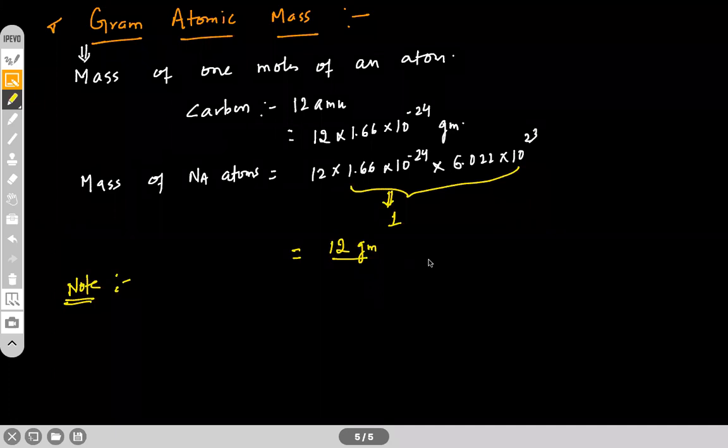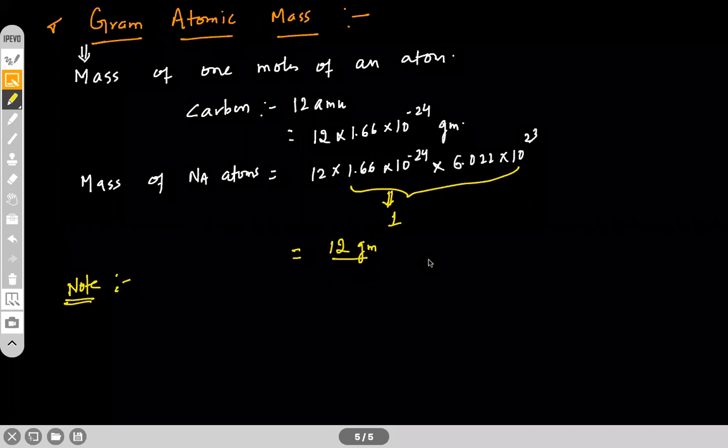What is that number? That number is the Avogadro number. Write down: it consists of an equal number of atoms, and that number is nothing but the Avogadro number. Write it down.